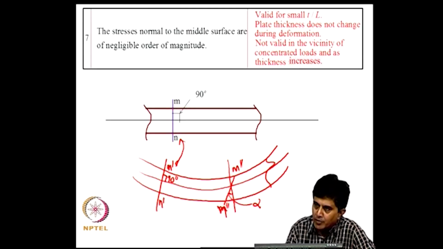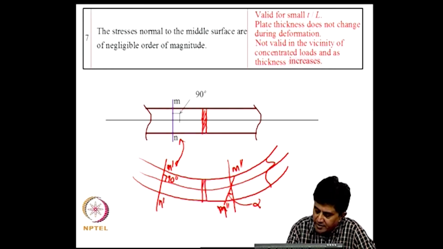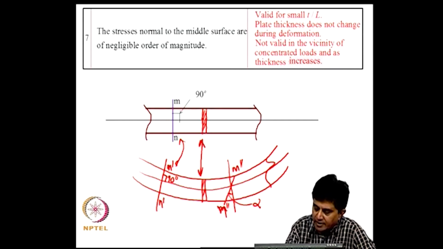When it comes to computation of kinetic energy, we are considering a mass element, and the contribution to kinetic energy due to this deflection is taken into account. But a section like this would rotate in the deformed configuration, and there can be inertia against this kind of rotation.